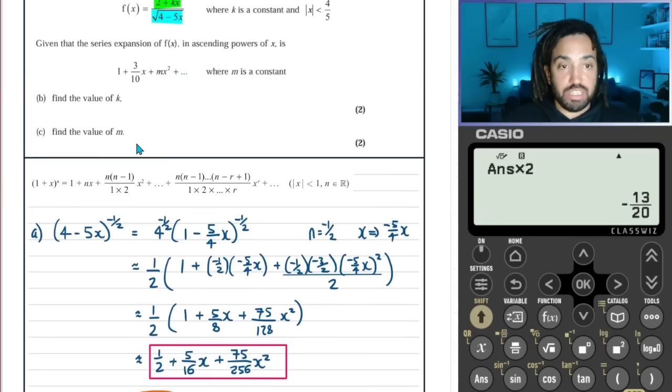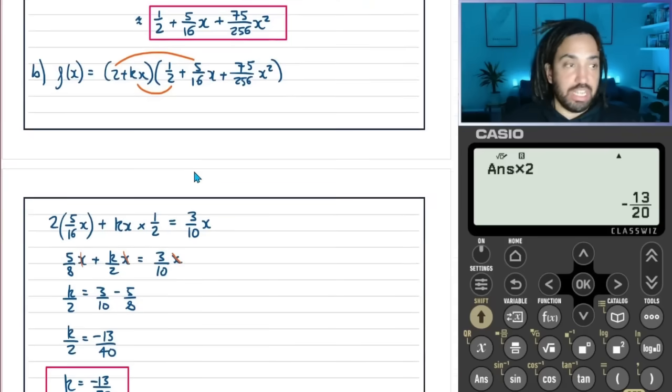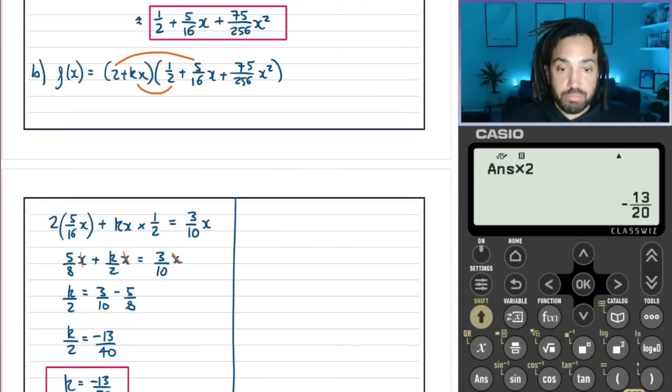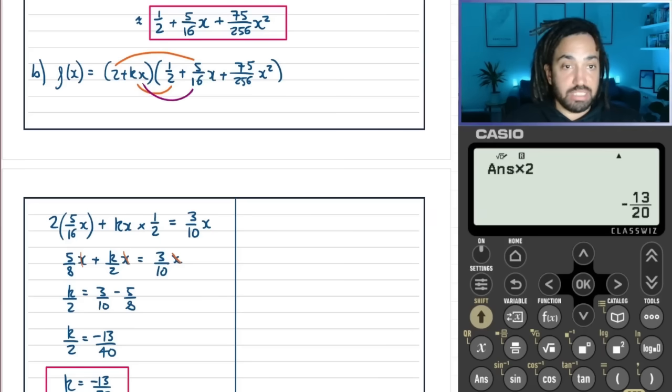And now it's asking us to find the value of m. So m is the x squared coefficient. So in order for us to get the x squared coefficient, we're going to need to multiply down these lines. We're going to need to do an x times by an x, that will give us an x squared, or a constant times by an x squared will give us an x squared.